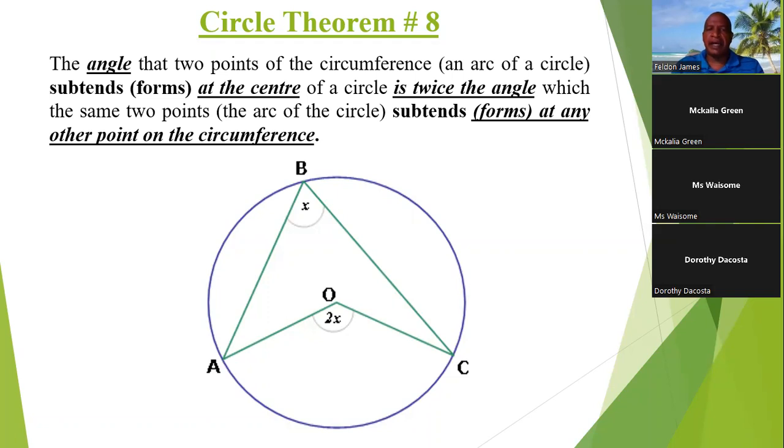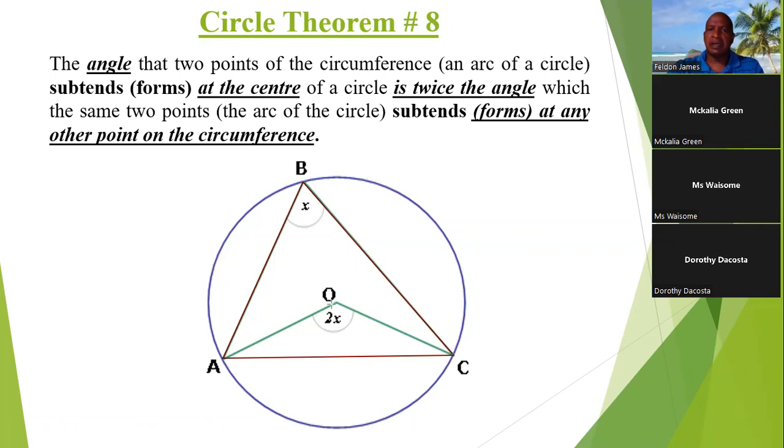If you are forming an angle within a segment, imagine that there was a straight line from A to B. Sorry, not B, but from A to C. Then this line would be a chord, from which A and C are forming an angle within the segment of B. So from the chord AC, you're forming an angle in the segment of B.